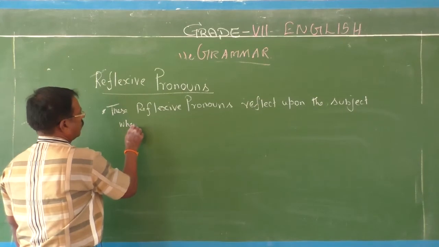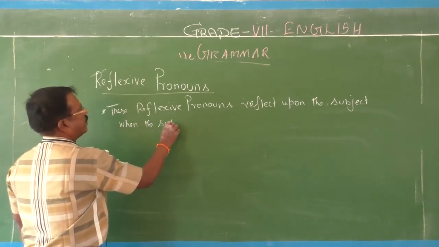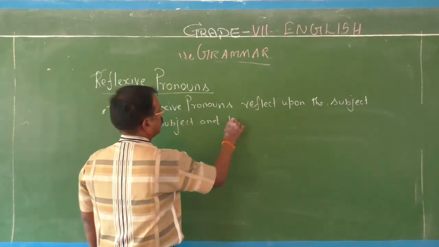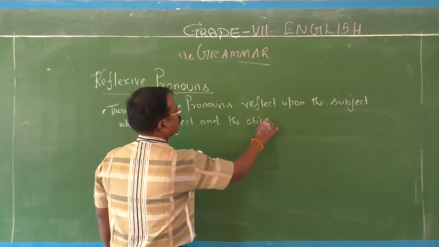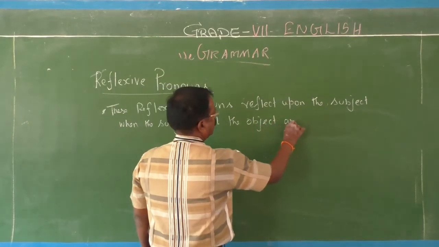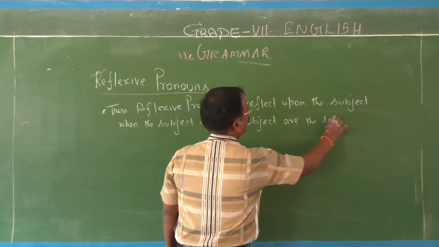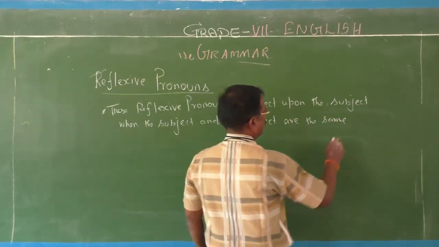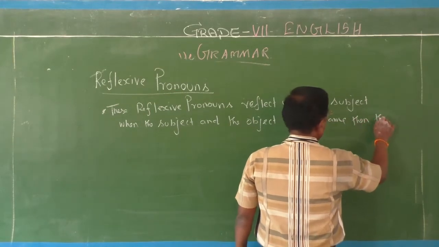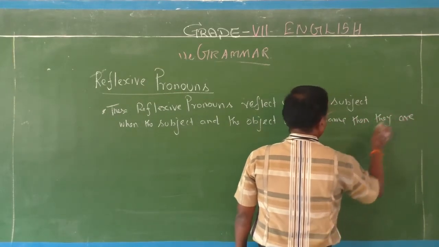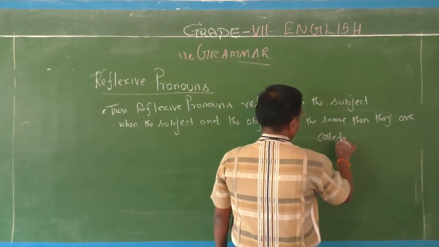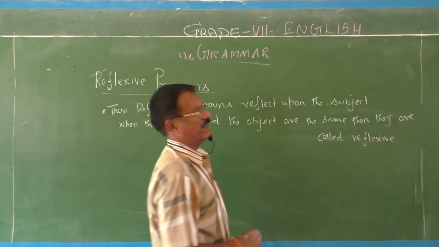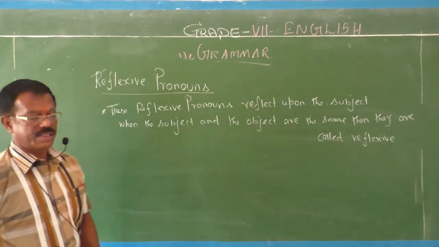So when the subject and the object are the same, they are called reflexive. Reflexive means reflect. It just reflects upon the subject.